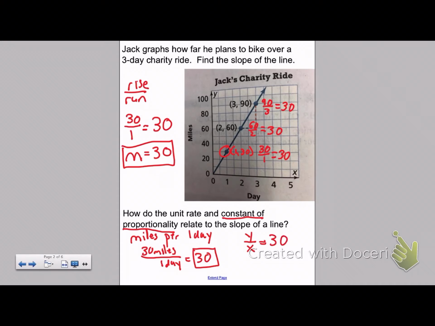So my constant of proportionality, represented by k, is k equals 30, which is also the same thing as my unit rate and my slope. So in any proportional graph, my slope, unit rate, and constant of proportionality will all be the same number.